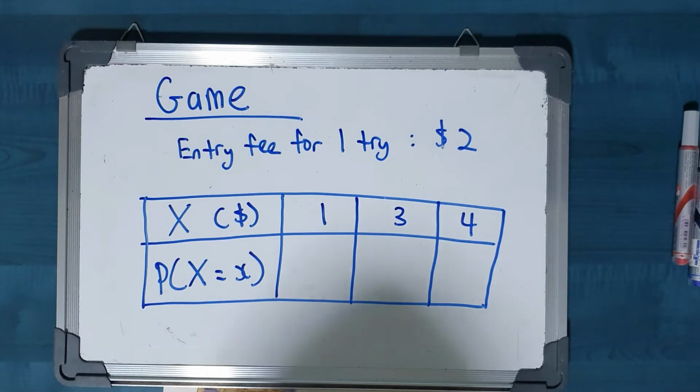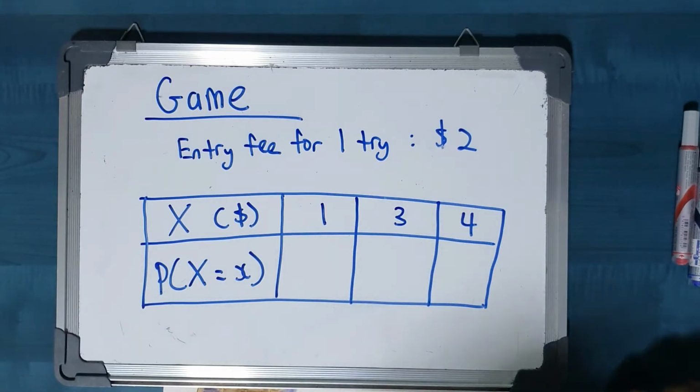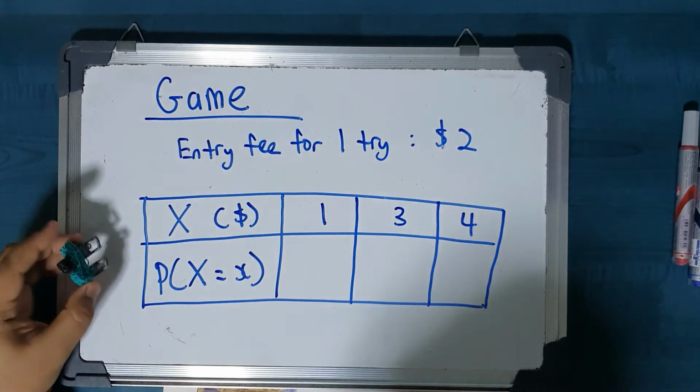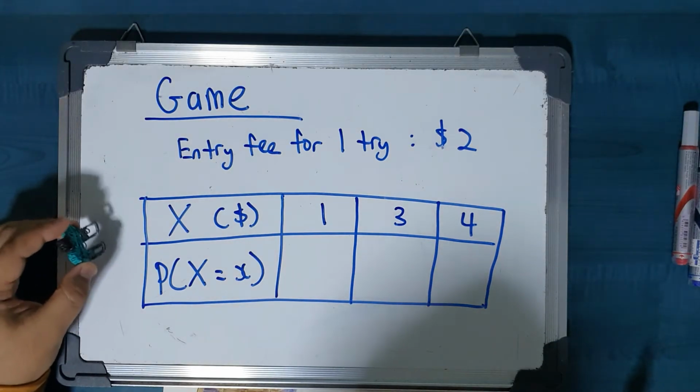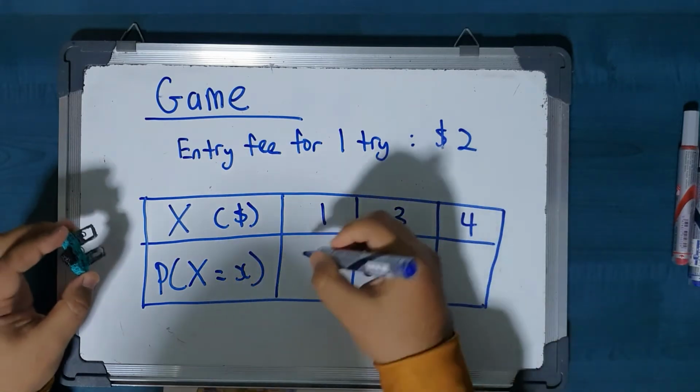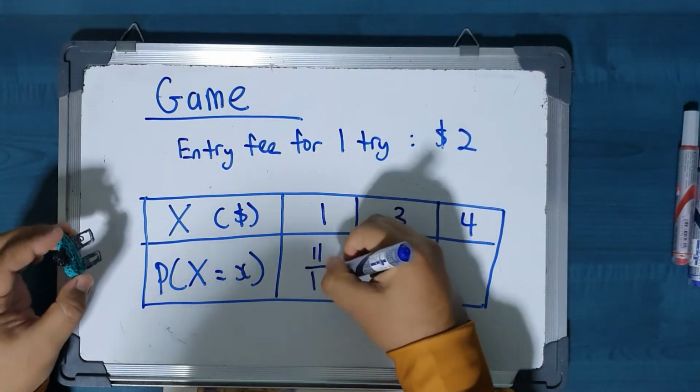Let's say somebody has played this game before, and that person has played so many times. So maybe he counted the number of times he won $1, $3, and $4, and then he created his own probability. So let's say this little dude, hey man, I've played this game before. The probability that I win $1 is around maybe 11 out of 15.